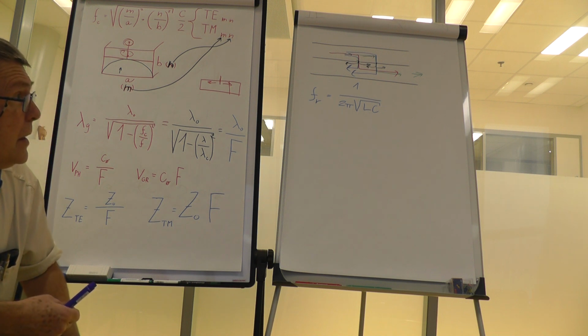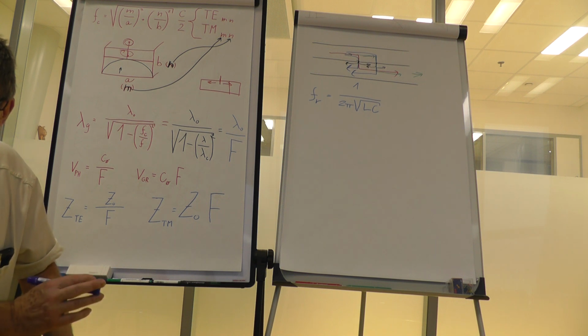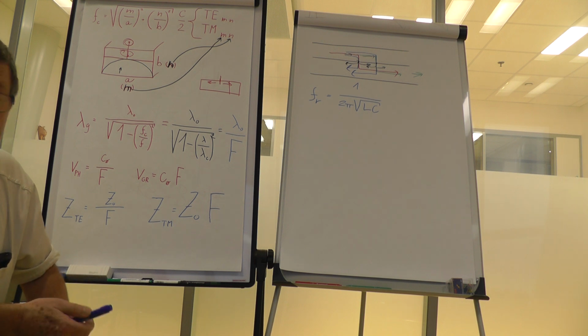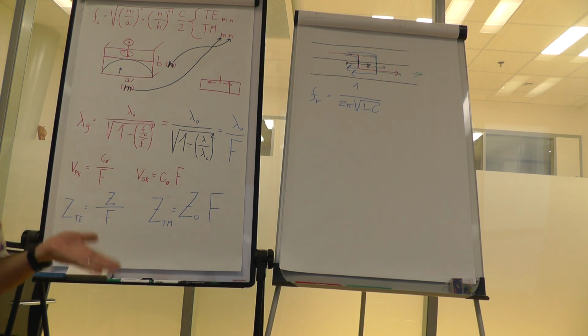But the equation still holds, but it's not possible to construct any value of capacity or inductor. Those problems start at a point when you want to get low inductors.